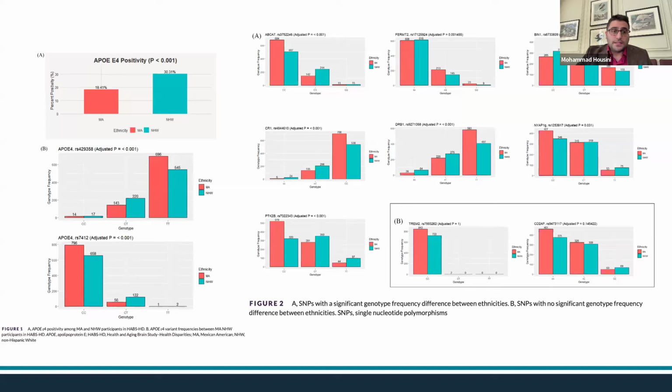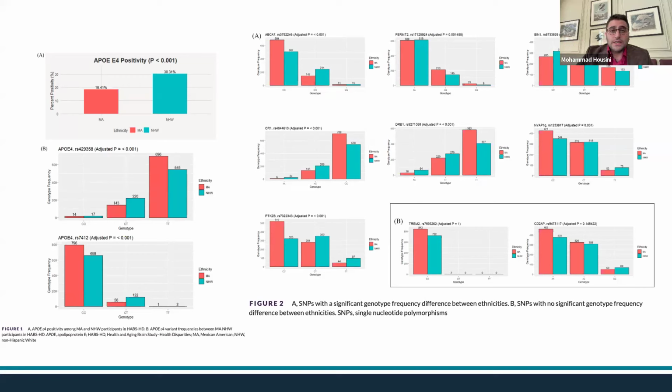And then on the left panel, ApoE has 2 SNPs that we looked at, and the other 9 are in the right panel. So total is the top 10. And everything except the ones in a box on the bottom, TREM2 and CD2AP, had statistically significant differences between the two populations in their genotypes.